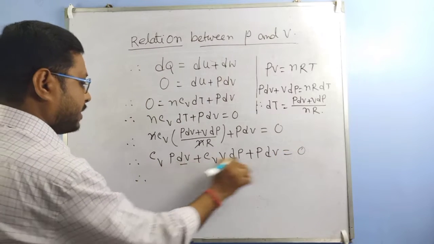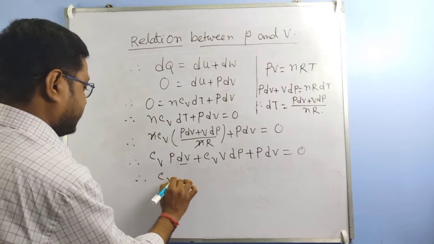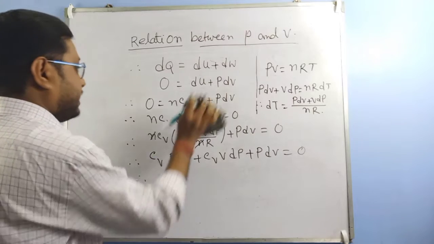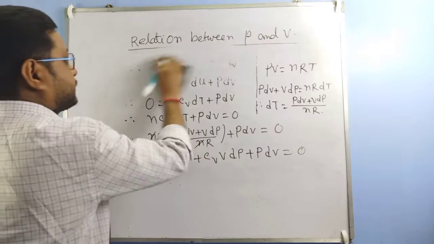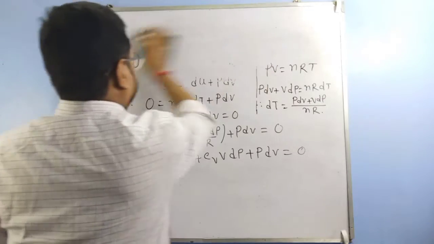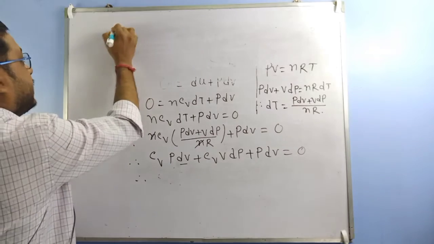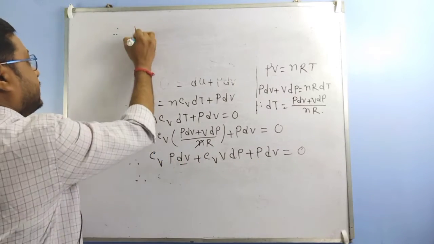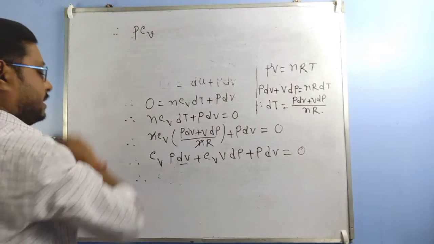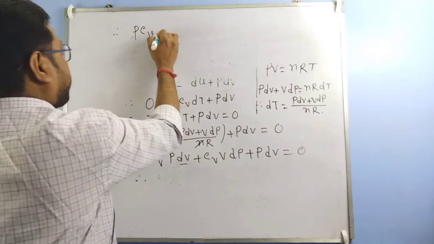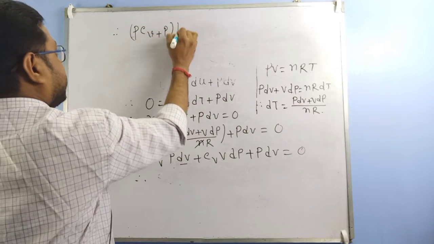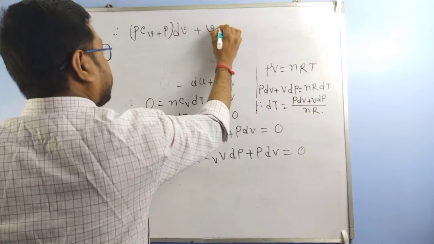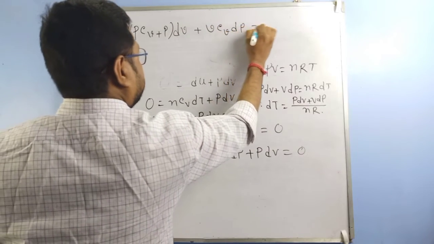Take the volume terms on one side. We can get Cv P dV plus P dV, that is P Cv plus P, take it common, dV plus V Cv dP is equal to 0.